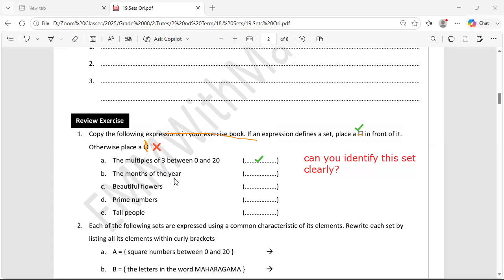The months of the year, can you identify them clearly? Yes. Again a correction mark. Now this one: beautiful flowers. No. All flowers might be beautiful, but they are not saying which category.